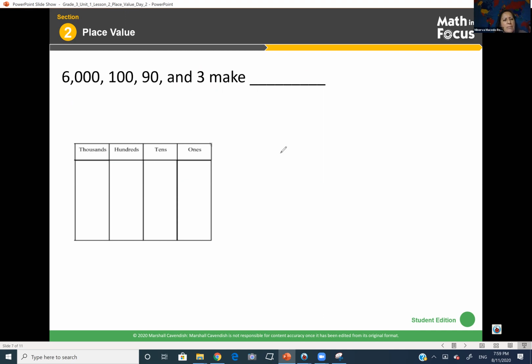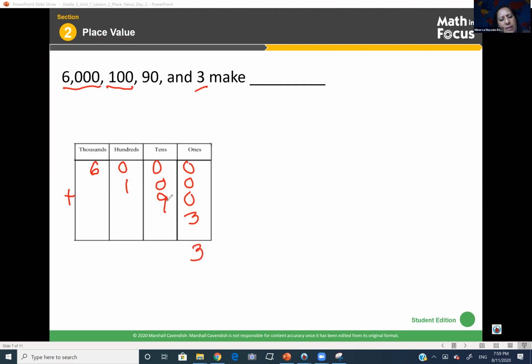I have to write the 6,000 in the place value chart, which is the first number we have. Then we have to write the 100. Then I'm going to place the 90, that's 9 tens and 0 ones. And finally, I'm going to put the 3 ones. So when I add the numbers together, I'm going to get my answer.